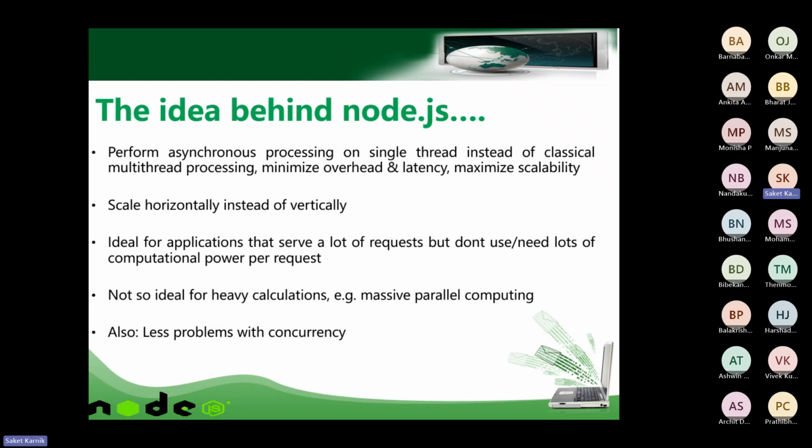There, you probably need to fall back to conventional web server based technologies like Java or .NET, etc. And because of this event loop queuing mechanism, we have fewer problems with concurrency. Understand?